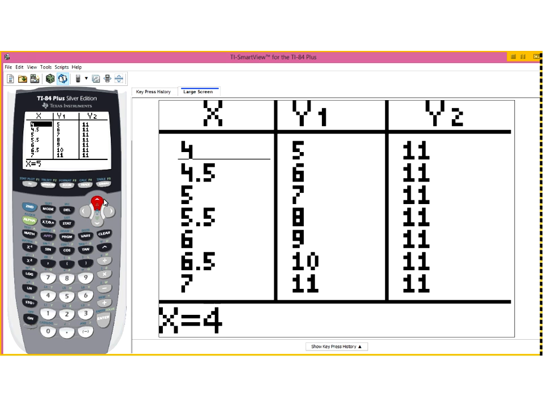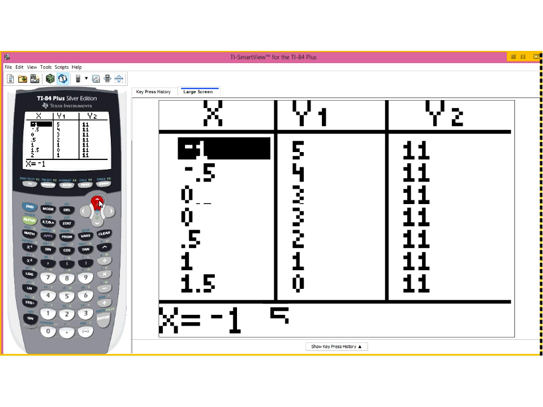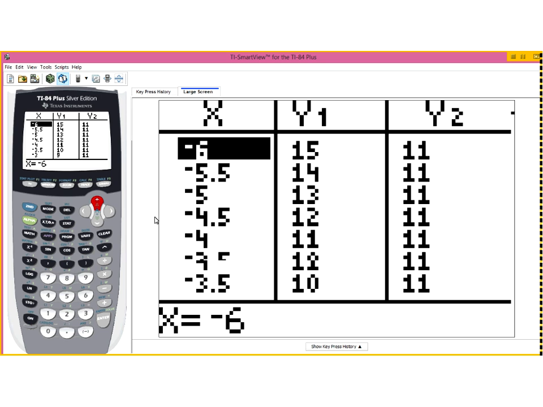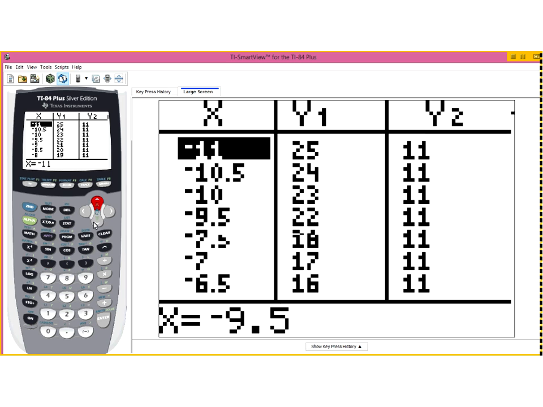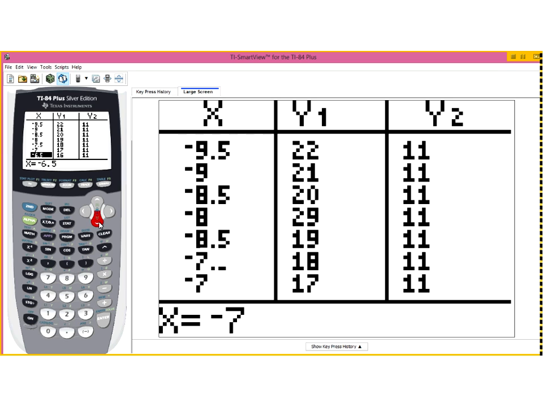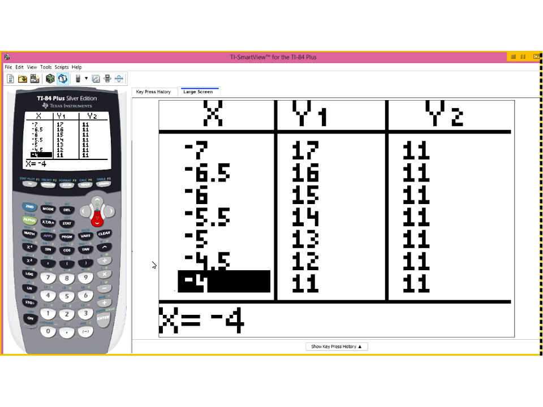Whoops, too far. And there's my other value at -4. So my two solutions are 7 and -4.